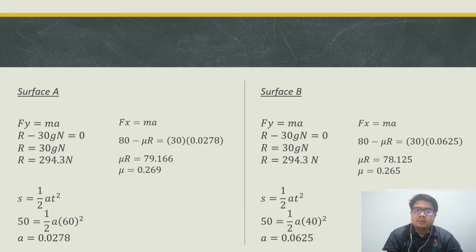After that, we will use the formula Fx equals Ma. 80 minus mu R equals 30 times 0.0625. Mu R will equal 78.125, and mu will equal 0.265. So the coefficient for surface B is 0.265.